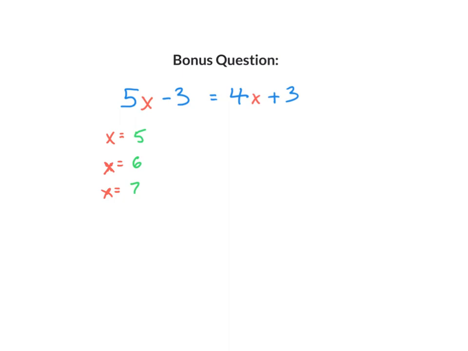So I want you to pause here and try solving for x by plugging in each one of these numbers. For example, you'll plug in x equals 5 into the equation, and you'll plug in x equals 6, and you'll plug in x equals 7. Which one is correct? This will help lead into our next lesson of solving for the missing variable. Good luck.